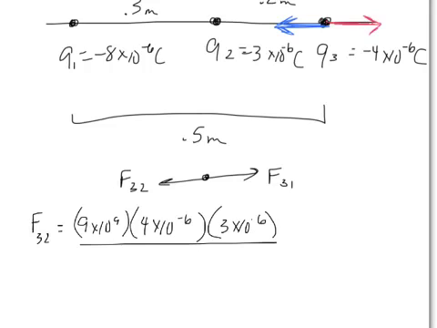And then the distance between them is 0.2 meters, and that's squared. That distance is from up here, 0.2 from earlier. That's going to be F32, and what we get as a result of that calculation for F32 turns out to be 2.7 newtons. Okay, so it's going to be a pull to the left of 2.7 newtons.